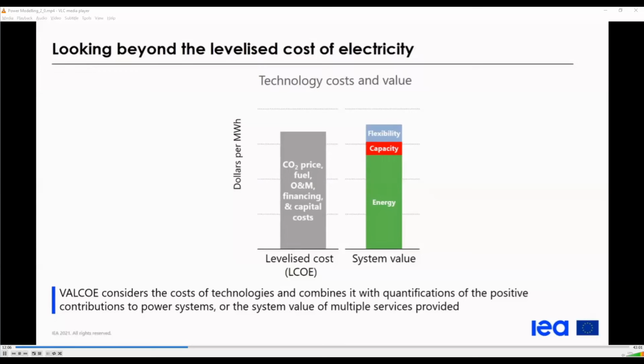The second category is the capacity value. So it reflects the contribution to system adequacy. Capacity markets exist in a number of regions, with payment for power plants that can contribute to the reliability of the system. So basically, we can think of it as being paid for being here when needed.